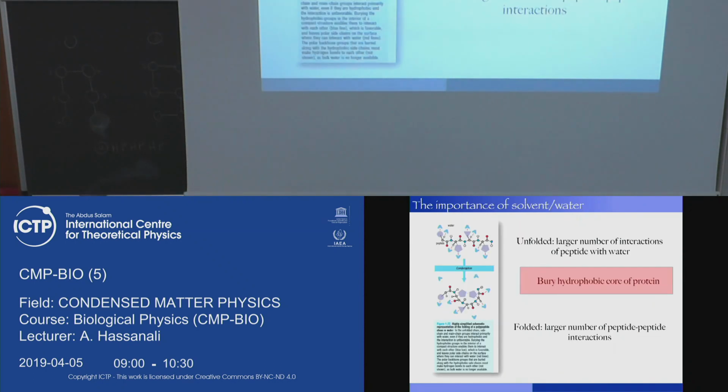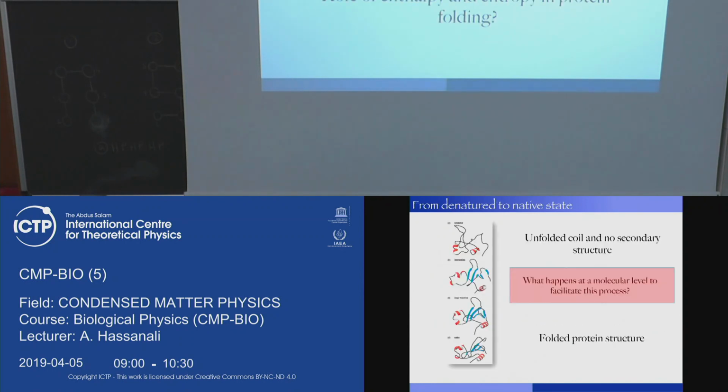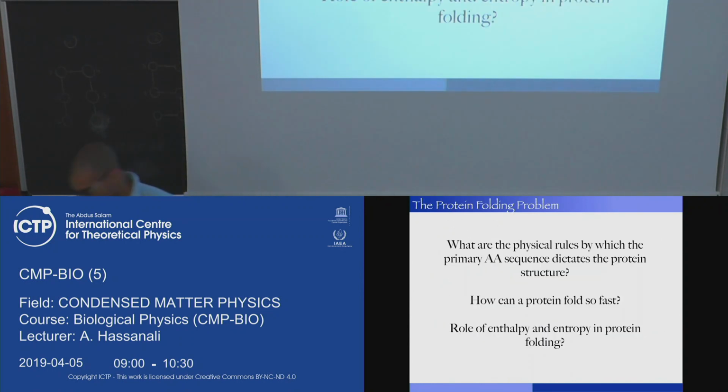So let me go back to the questions that we need to think about. What are the physical and chemical rules that I can derive to take a primary sequence of amino acids, with no knowledge of the three-dimensional structure, and use that to predict what the three-dimensional structure is?